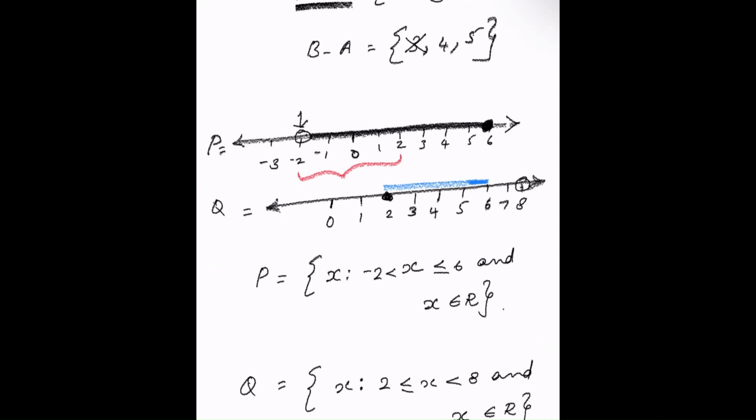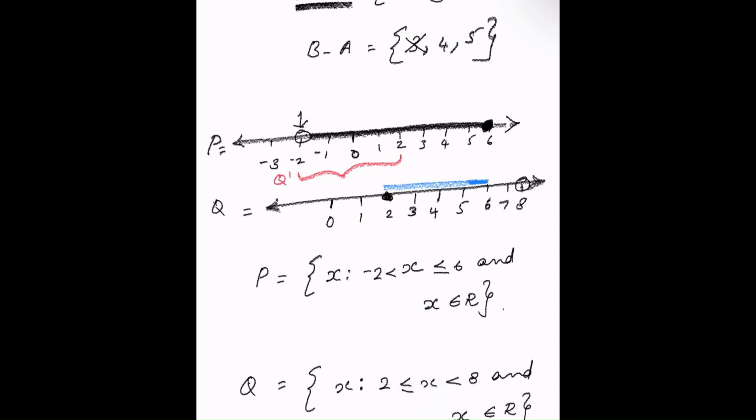When I am considering P union Q as universal set, Q dash is the element which are present in universal set but not present in Q. That is Q dash. This highlighted, this red color thing is Q dash. This area is Q dash.